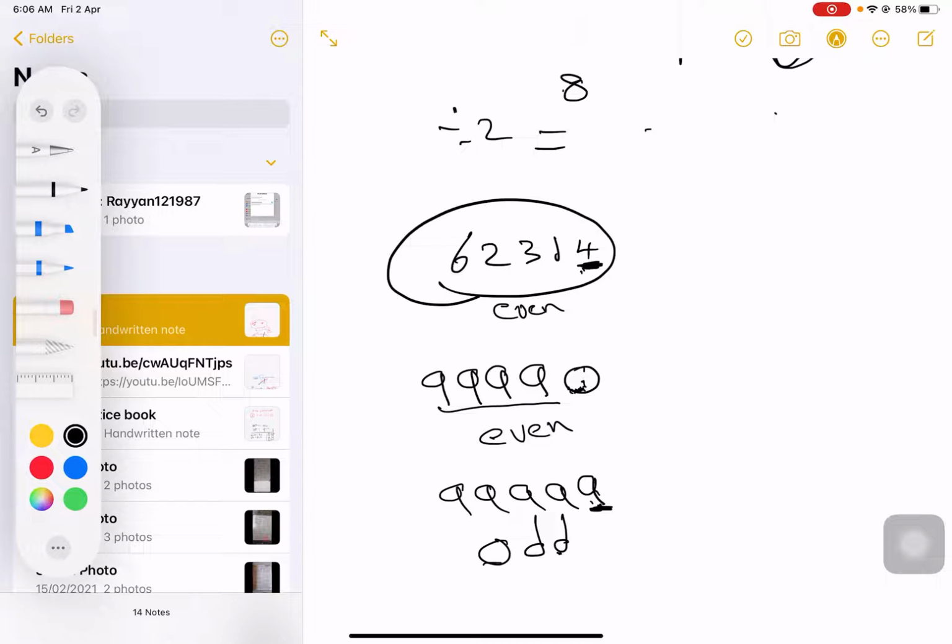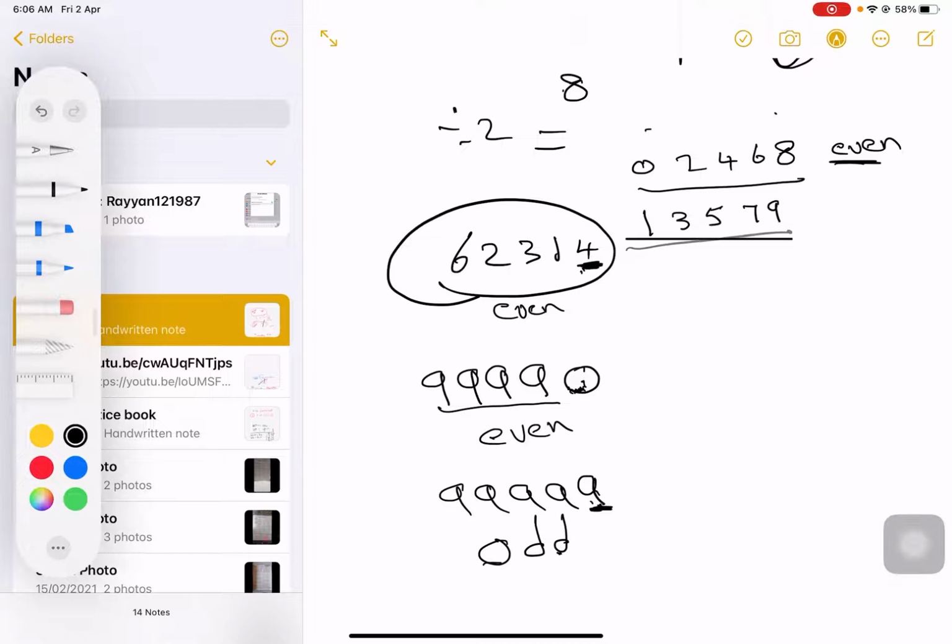So you need only, to solve this lesson, to memorize that 0, 2, 4, 6, 8 are even numbers. So any number that has one of these digits in the ones place is even. If I have 1, 3, 5, 7, 9 in the ones place, this means this number is odd and it is not divisible by 2.